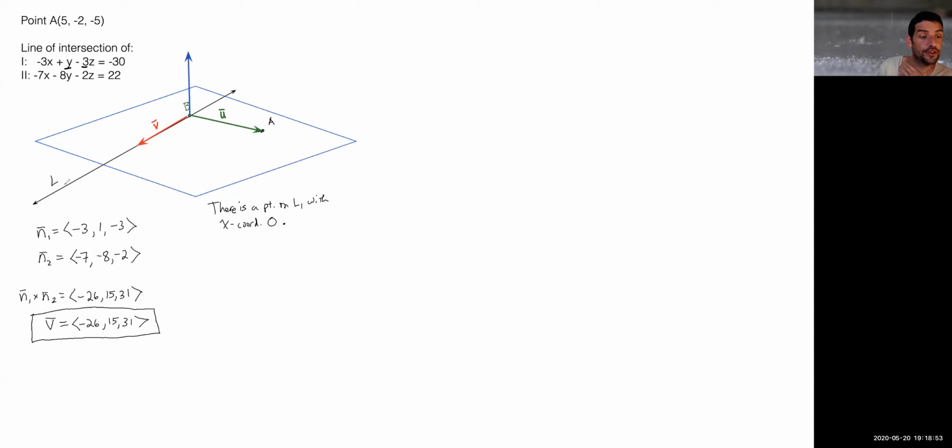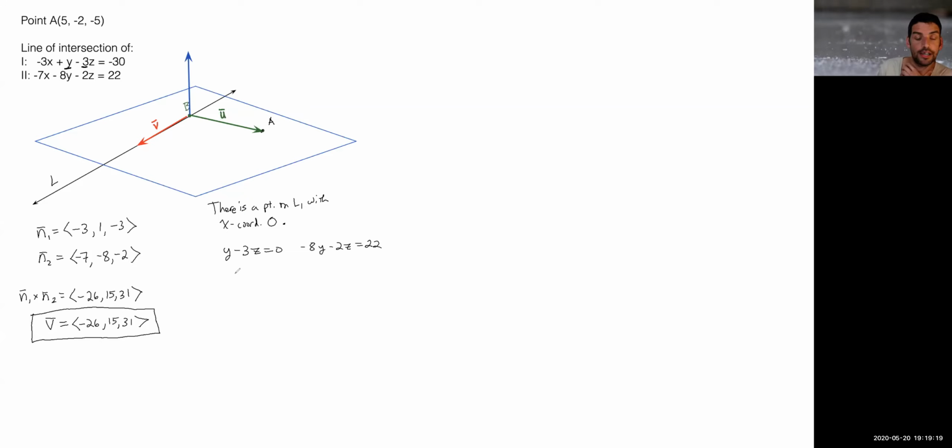The points on this line are also points in both of these planes. So that point also has to satisfy both of these equations. It has an x coordinate of 0 and satisfies both equations, which means its y and z coordinates have to satisfy both of these.